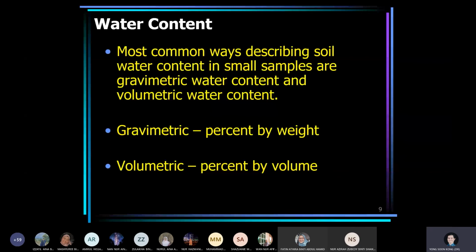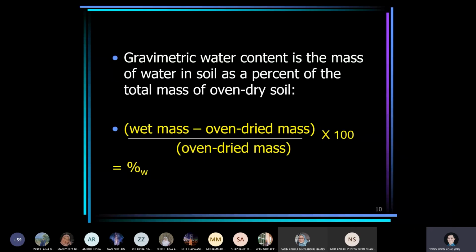So this is the formula, pretty direct. Weight loss, wet mass minus oven dried mass, and then divide by oven dried mass. Now, this is just one example. Even though you use the weight loss to determine the percentage of water, sometimes people might ask you on what basis. Are you using wet basis or dry basis?